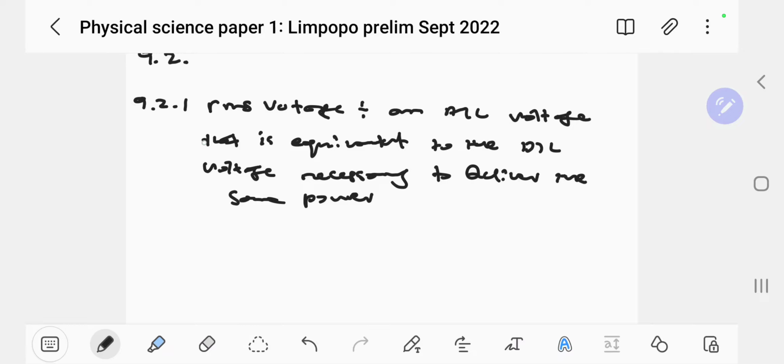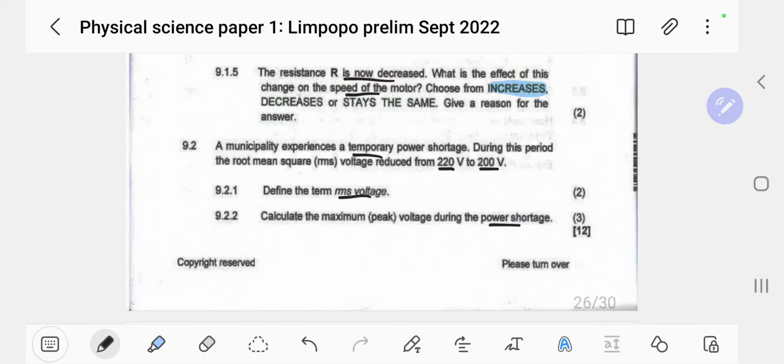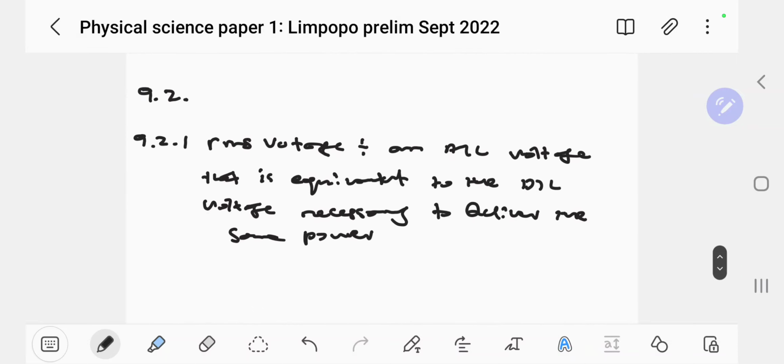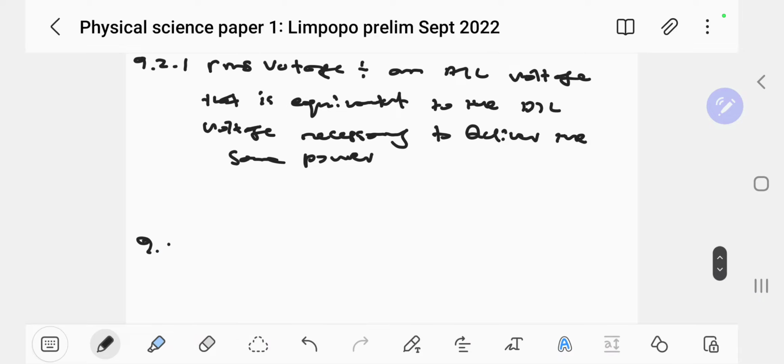Now the last question here says calculate the maximum or peak voltage during the power shortage. That means we're going to use that. All right, so we have here 9.2.2. So we know that, of course, peak voltage, maybe it's Vmax, let's use the word Vmax, is equal to VRMS multiplied by the square root of 2.